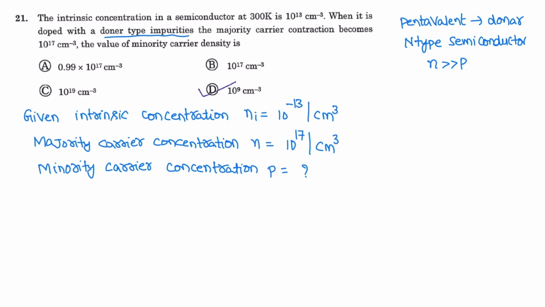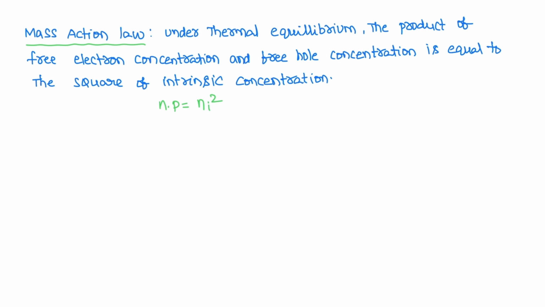Now in the question they have given majority carrier concentration. Therefore, electrons are majority carriers in n-type semiconductor as well as holes, that is p, minority carrier concentration in n-type semiconductor. So majority carriers are electrons, n, and minority carriers are holes, that is p. So we know that as per mass action law, under thermal equilibrium, the product of free electron concentration and free hole concentration is equal to square of intrinsic concentration.